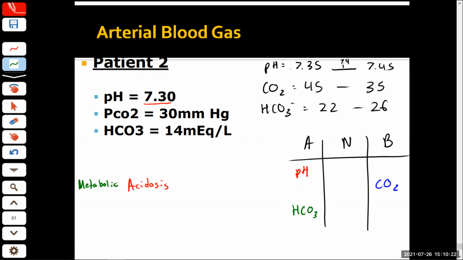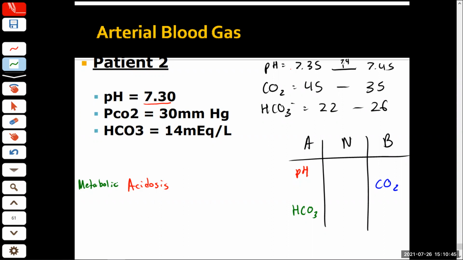Okay, so this is very similar to patient number 1. Kidneys are failing, making me acidic. The difference here, though, is my CO2 is no longer right here. It's on the other side. So there's compensation. My lungs are trying to balance me out. Now the question, is it partial or is it full compensation? Am I operational?